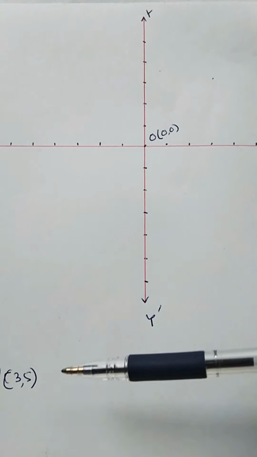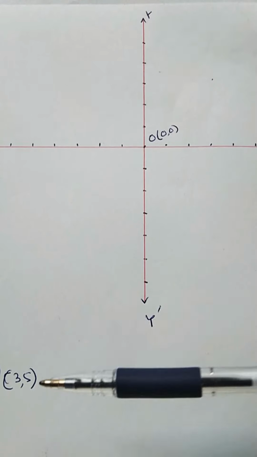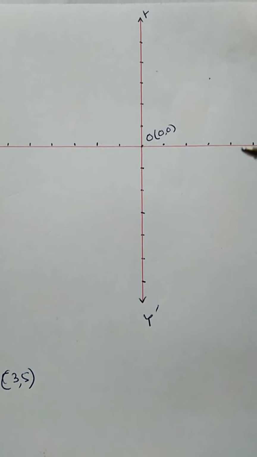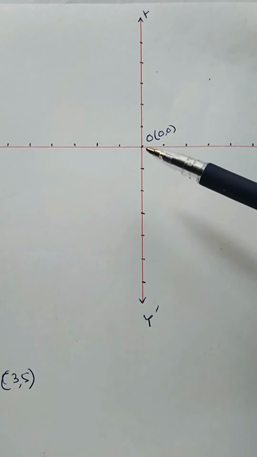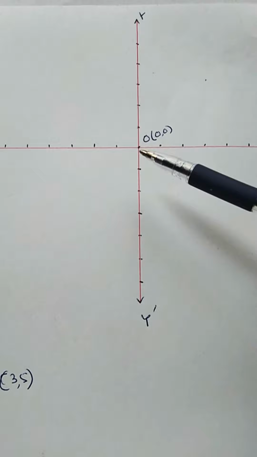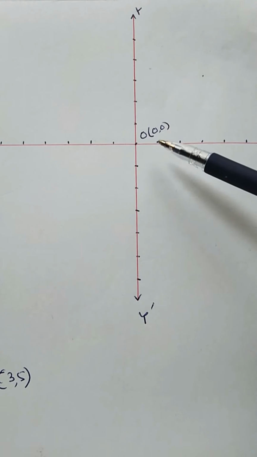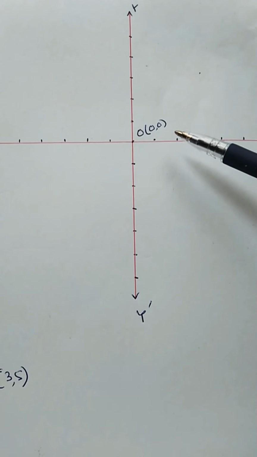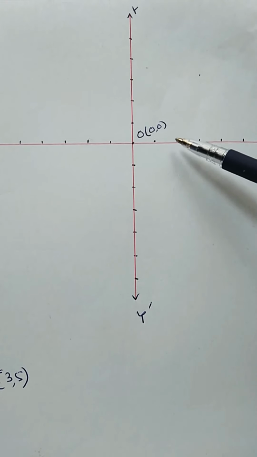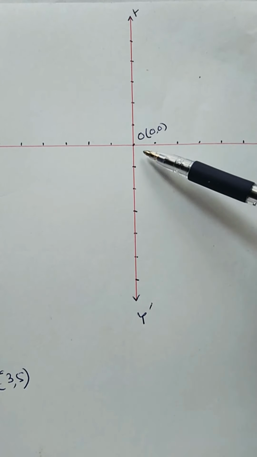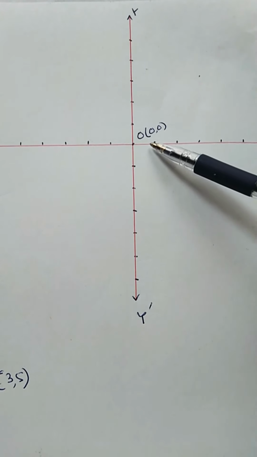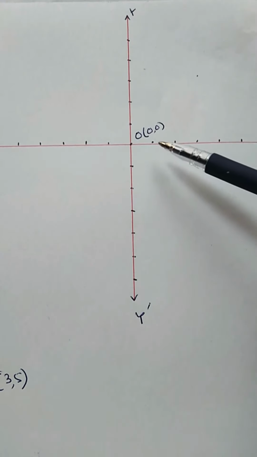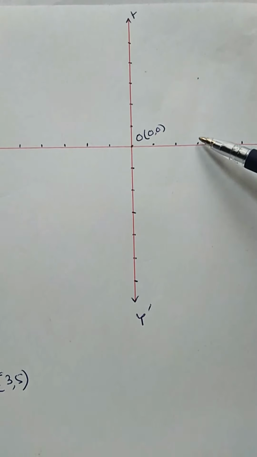To plot this coordinate 3, 5 in the Cartesian coordinate plane, we'll have to start with the origin. Now here we need to take some unit. If we take graph paper, there will be some boxes already marked, and those markings we can take as 1 unit, 2 unit, 3 unit like this, or if you want you may take 10 units, 20 units like this also.